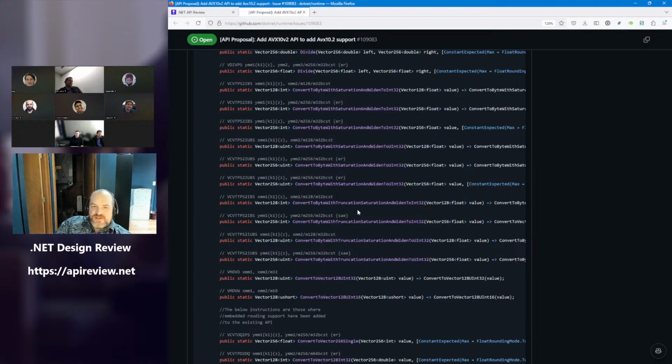Okay, so truncation's really describing your rounding mode. Yes. And I guess they don't support the full options of rounding modes, so we can't put it as a rounding mode parameter. Right. Could we put it as a rounding mode parameter? Truncation's always been a little bit special. It's constant expected.